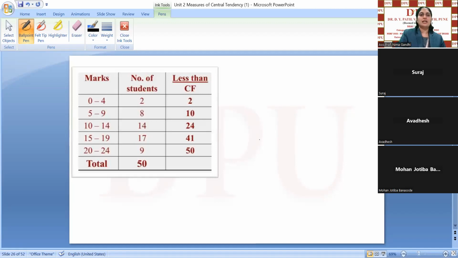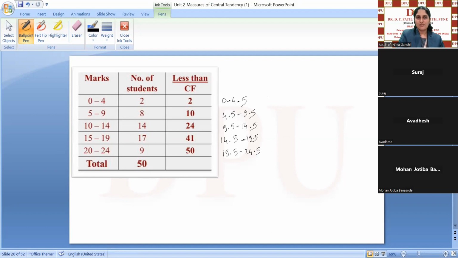So let's do it here. Again, I'm writing the continuous classes over here: that is 4.5, 4.5 to 9.5, 9.5 to 14.5, then here 14.5 to 19.5, and for this class, 19.5 to 24.5.